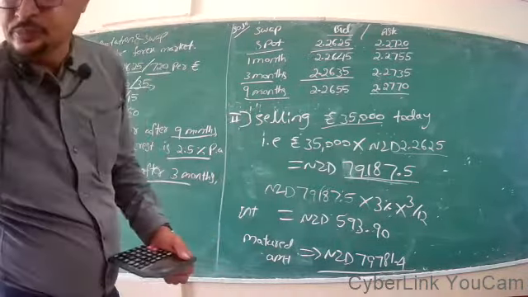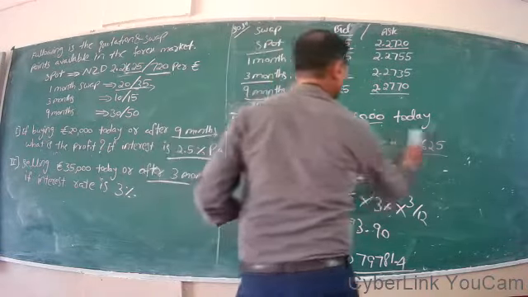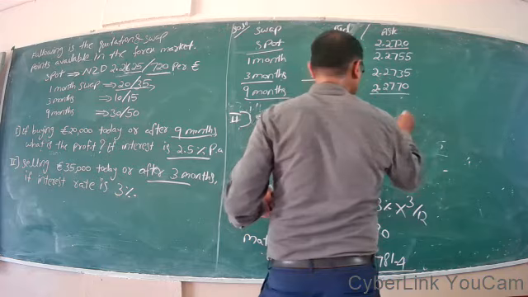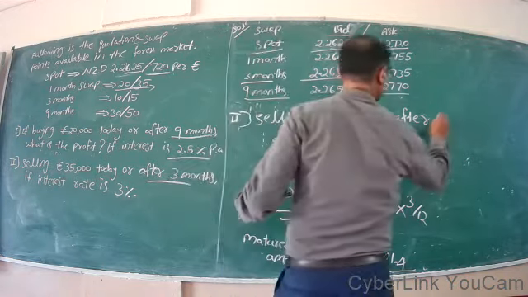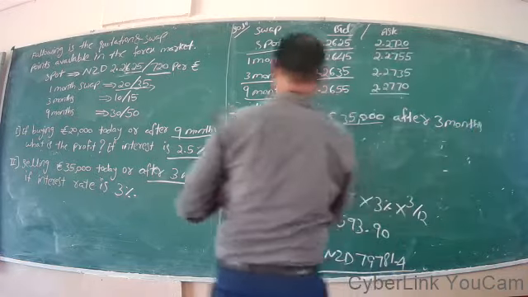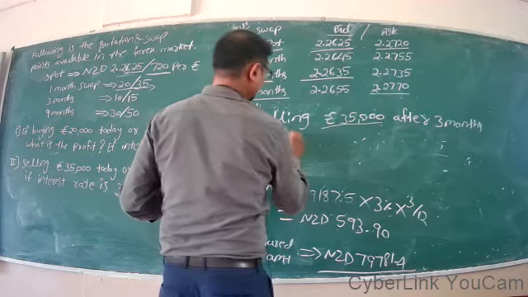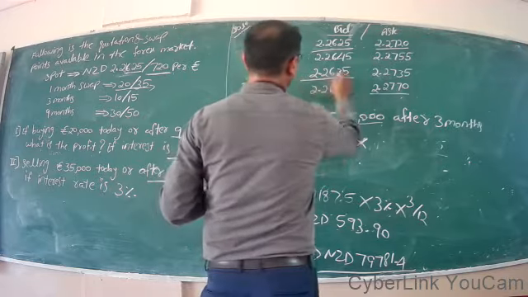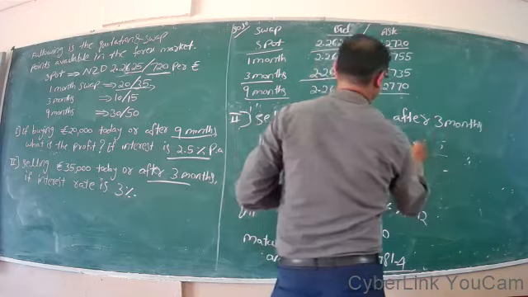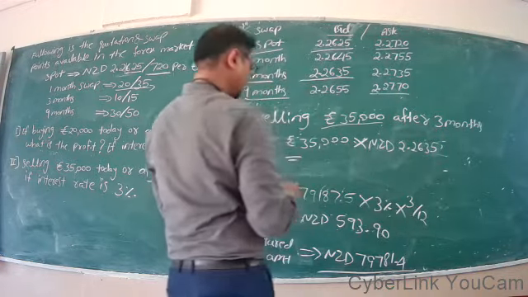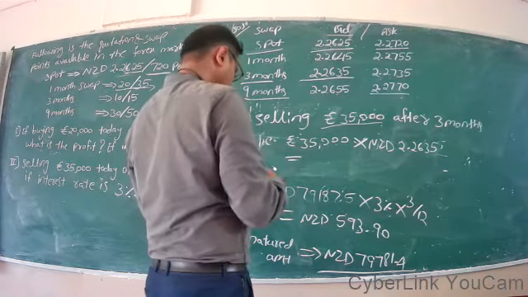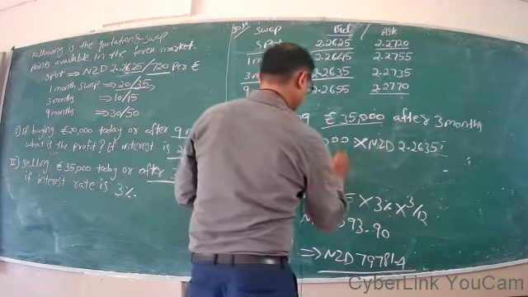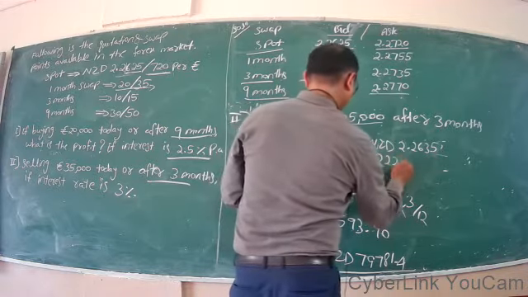In case of selling 35,000 euros after 3 months, that is euro 35,000 into the bid price after 3 months of 2.2635, that becomes, earlier also we have calculated but I have erased it, New Zealand dollar 79,222.5.